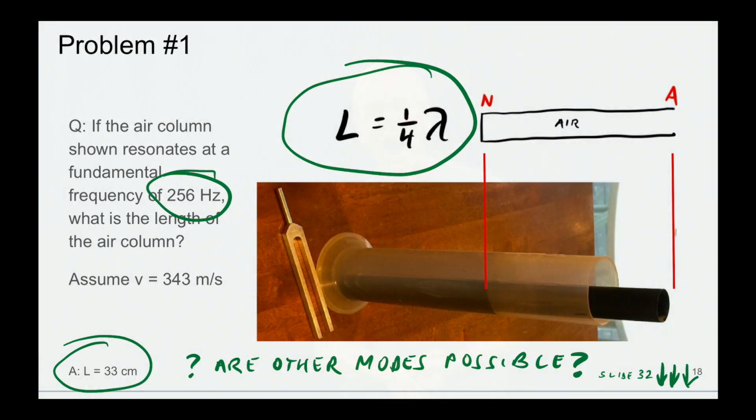Other modes are possible. I'm not going to get into that here, but you could use other lengths that resonate at 3/4 lambda or 5/4 lambda or so on.